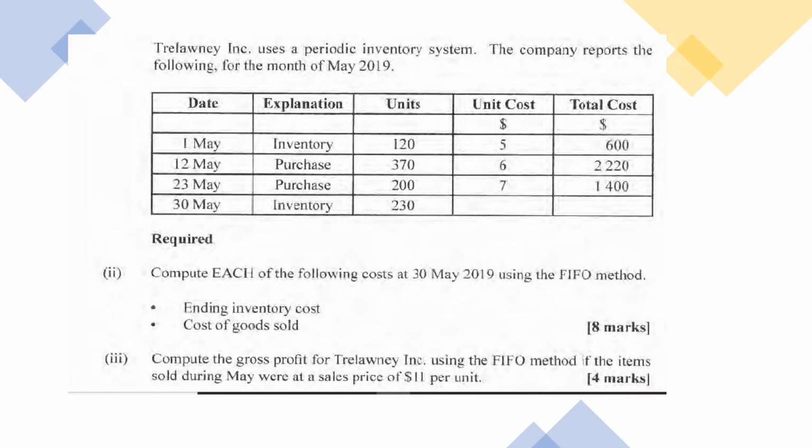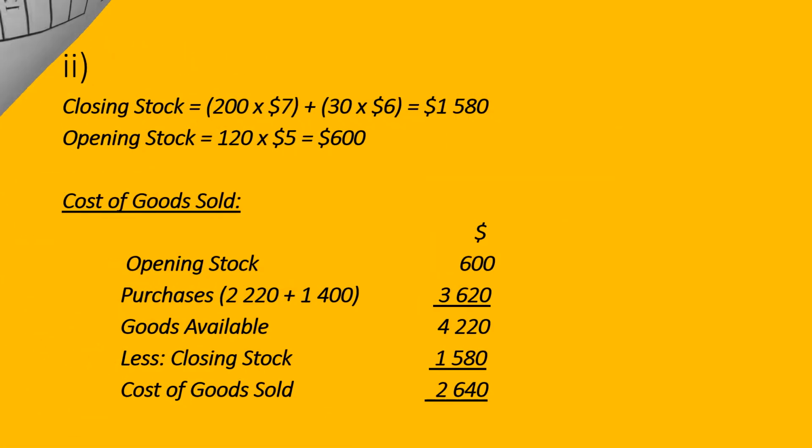Okay, so let's get right into the answer. The closing stock consists of 230 units. If we look at the cost of those units, 200 was at 7, and then before that, we would have purchased 30 at 6. So we can only get 200 at the $7 and 30 at 6. It would be the last two prices that we bought.